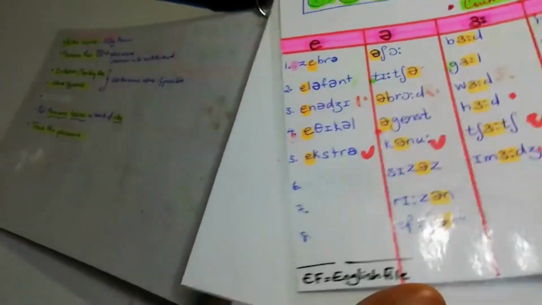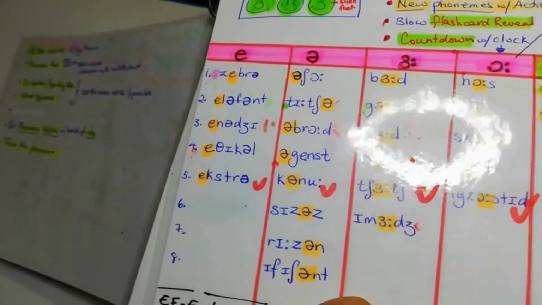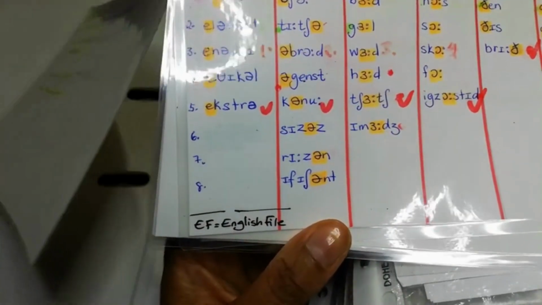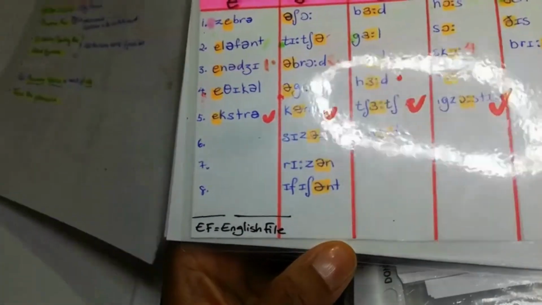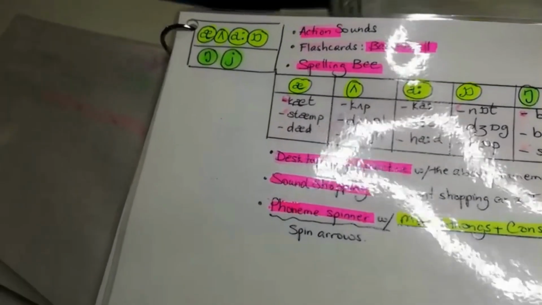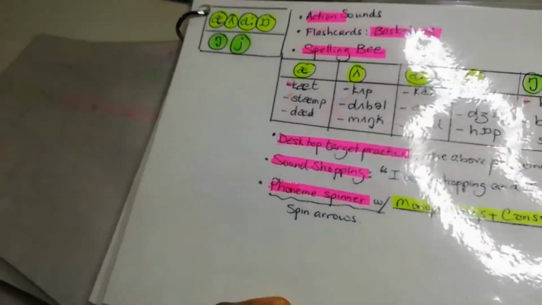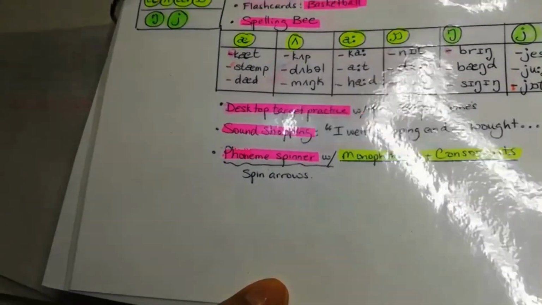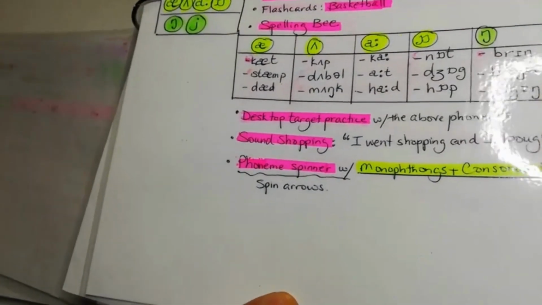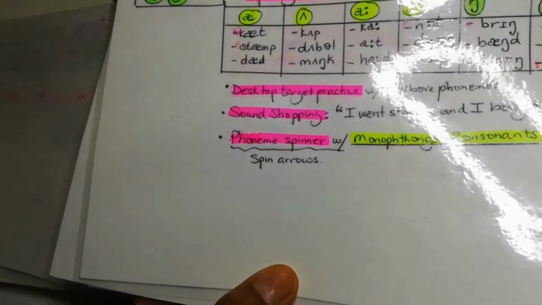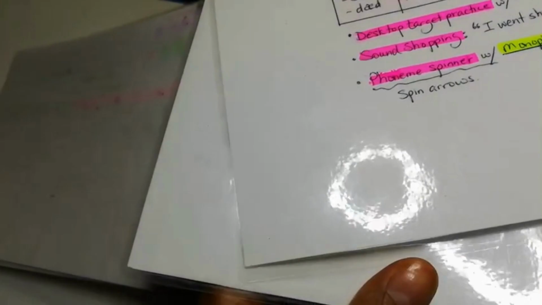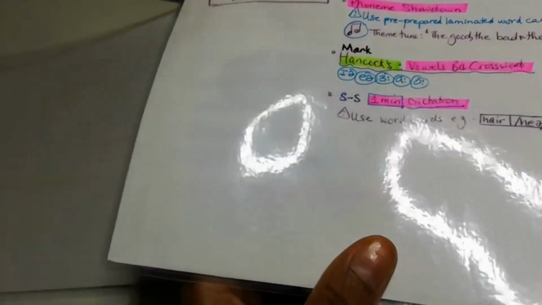So this one has, let me see, flashcard reveal, beanbag toss, a quick countdown game, different things. This one has a basketball flashcard game, another spelling bee, a sound shopping game, which I got from the English File poster. I can use my phoneme spinners. I'll show you examples of those next.